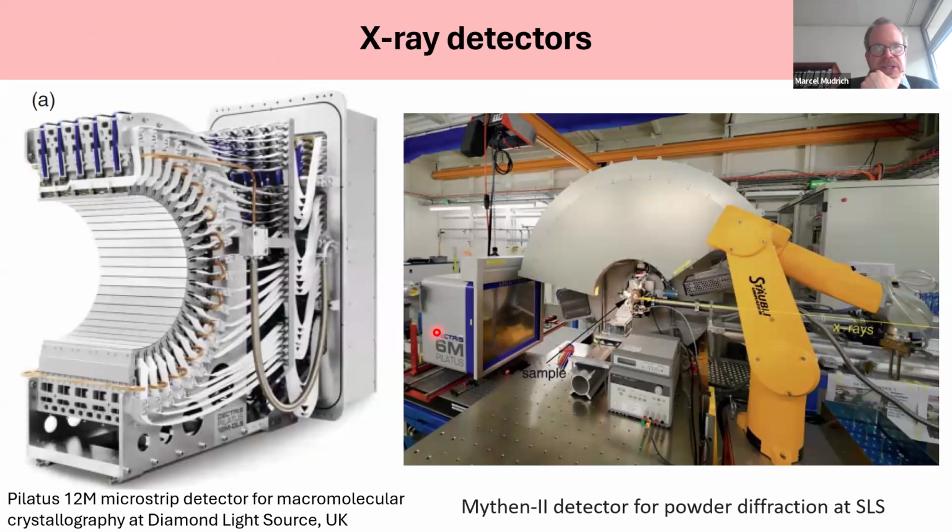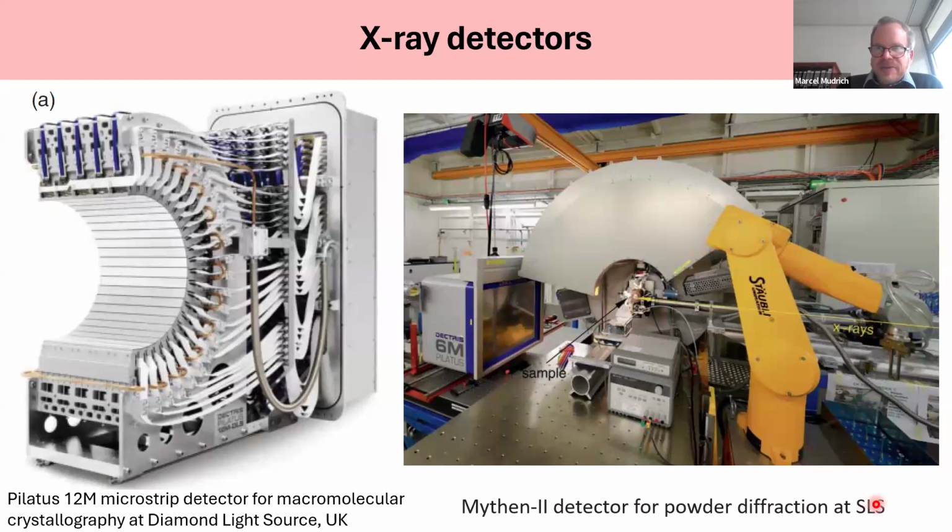Just to show you that powder diffraction is still being done at synchrotrons and also at free electron lasers, only that the detectors look much more complicated than just a photoplate. Here we have these microstrip detectors. There are many different technologies to record the diffracted X-ray beams around the sample, or these kinds of detectors for powder diffraction.